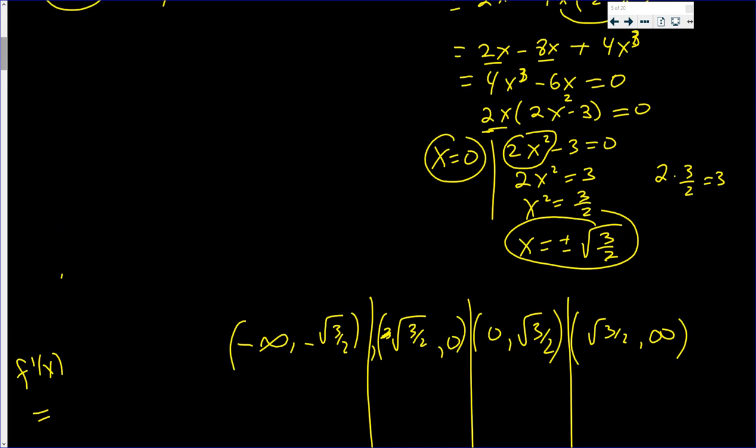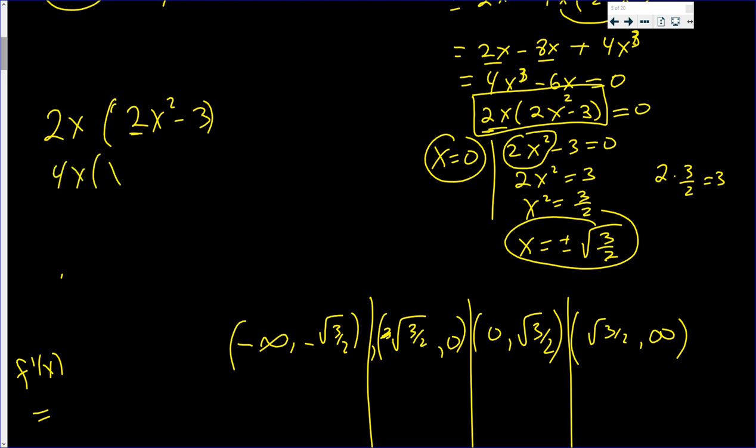Well, this right here is the first derivative. It's 2x times 2x squared minus 3. Now, I think it'll be good to factor out another 2. So we'll have 4x times x squared minus 3 over 2.